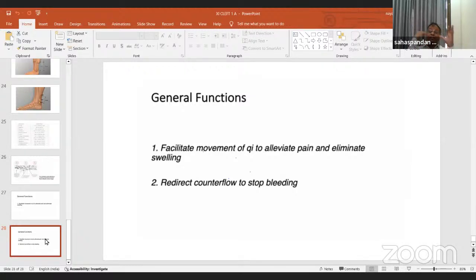So dysfunction of the Xi-Cleft point is especially applicable on the yang channels, as these channels and their associated organs require constant movement for optimum function.